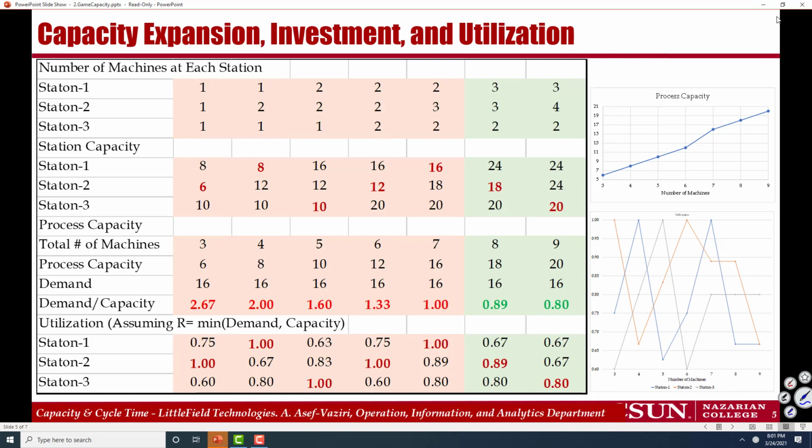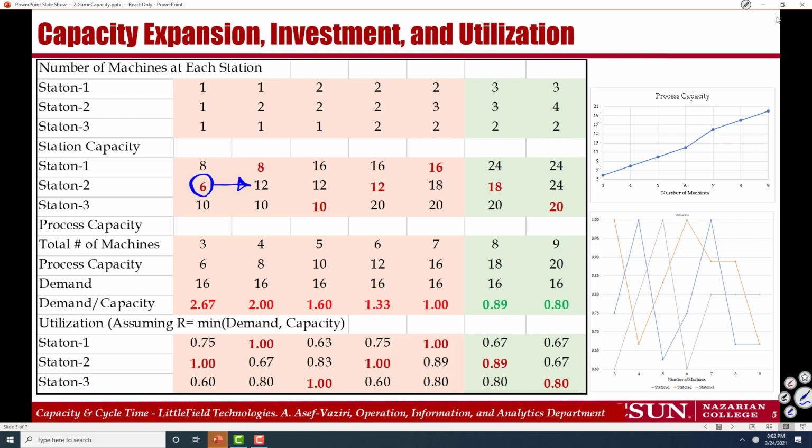60%. Now, suppose we decide to increase capacity and buy one additional machine here for station 2. Therefore, the capacity of the station goes from 6 to 12, but the capacity of the process will not go to 12. Why?